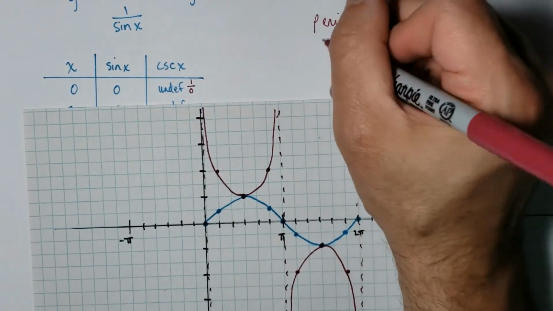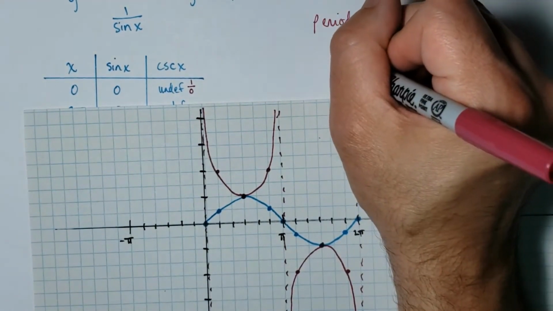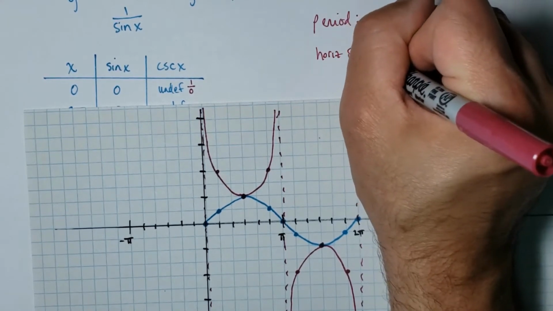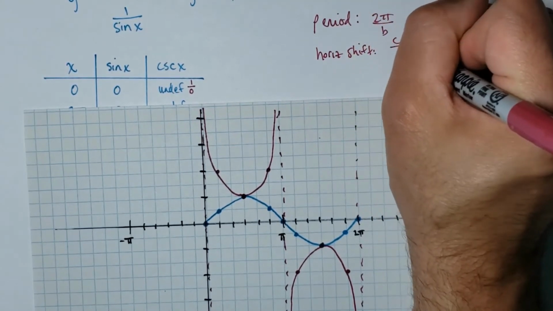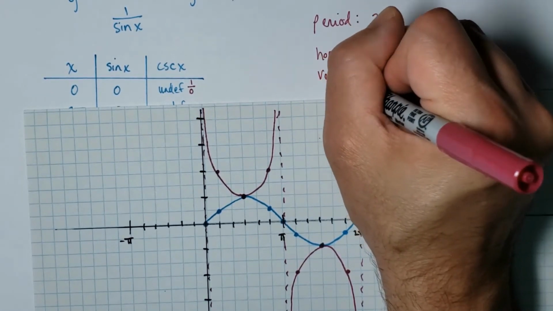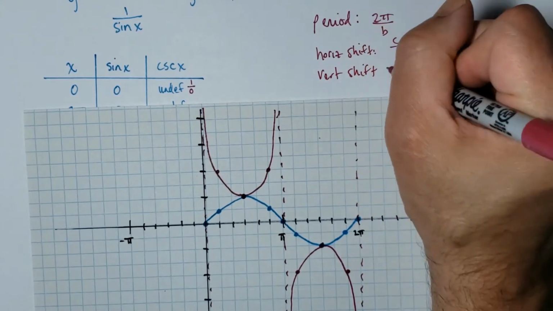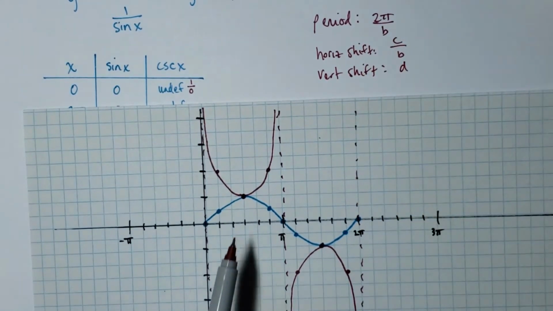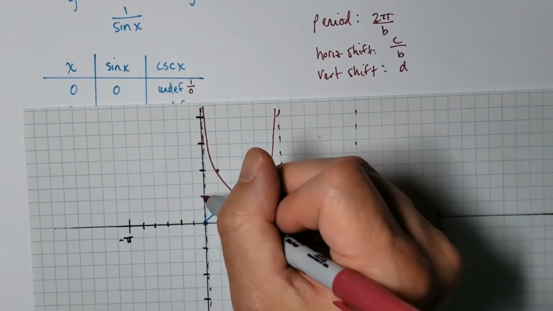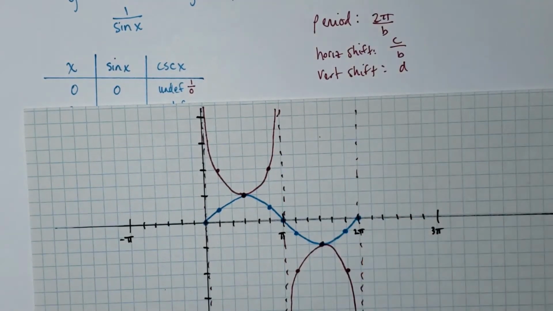And the phase shift, or the horizontal shift, works the same way, c over b. And then the vertical shift is D. So if the midline is shifted up, then this gap that's in between these U's is going to be shifted up.